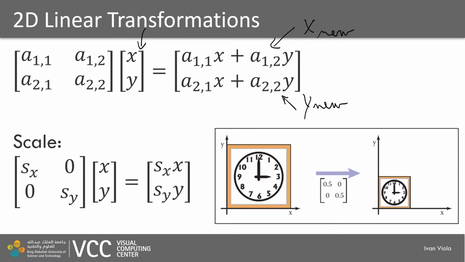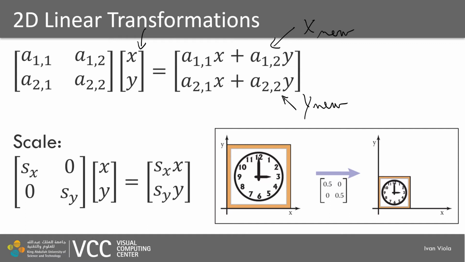A simple linear transformation, just to bring us a little bit up to speed, could be scale. If we have a look at the scale matrix, we can see that this is a diagonal matrix, having the element Sx as the first element in the first row and Sy as the second element in the second row, both on the diagonal.